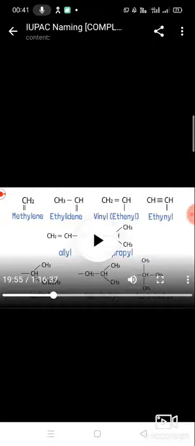If the substituent is present with a double bond and it is an ethyl group, we say it is ethylidene. And vinyl group means CH2 double bond CH, attached with a single bond. Then it is known as the vinyl group. Ethynyl means a triple bond will be present between the carbon atoms and the substituent attaches with a single bond to the main chain. Then it is known as ethynyl.